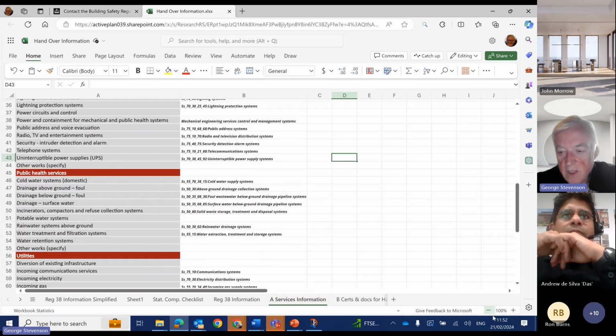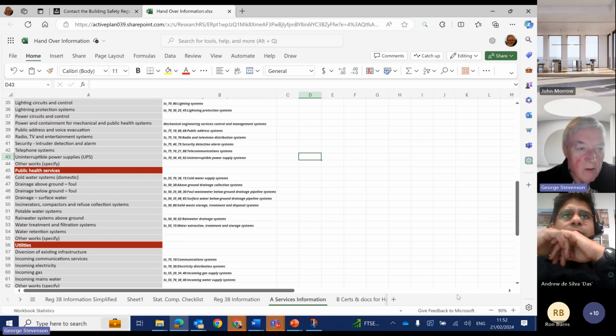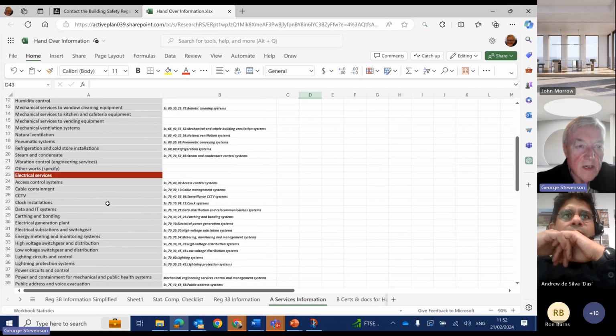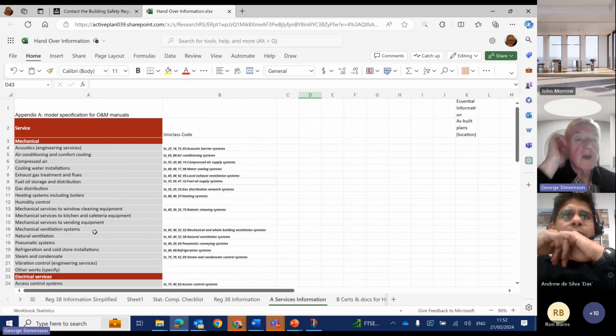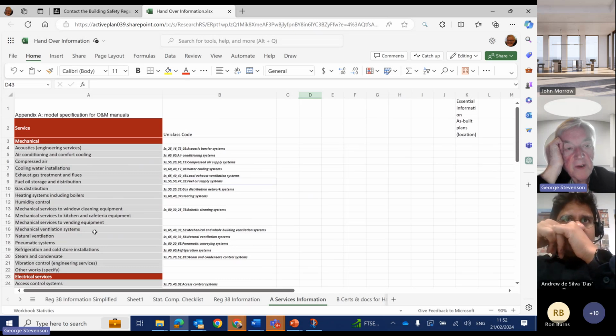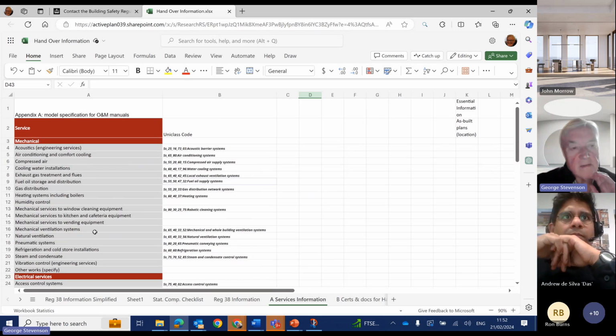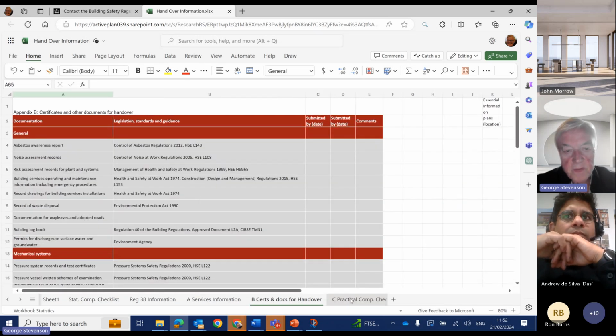We've also started to build this as a standard register of systems, because one of the challenges is that everybody's O&Ms are structured differently. And if we can have things properly referenced, then I think we stand a much better chance. And then, if we can define Uniclass codes against things, it means that we're in a better position.